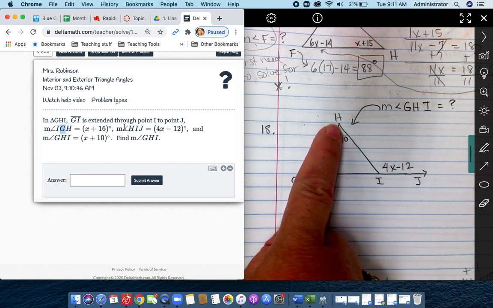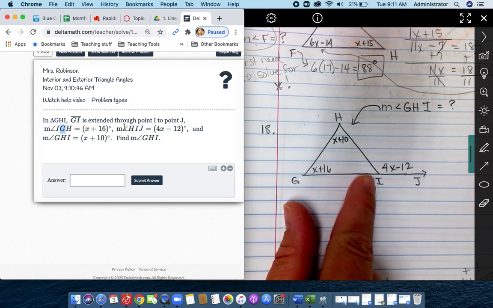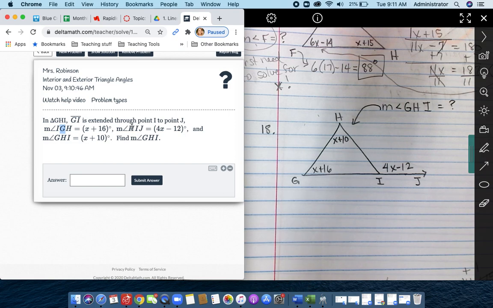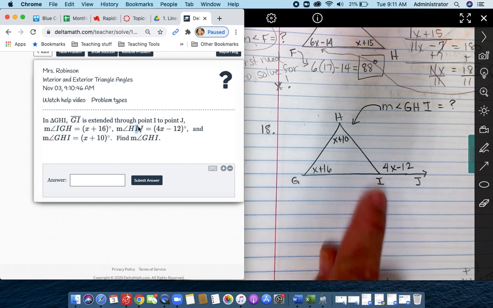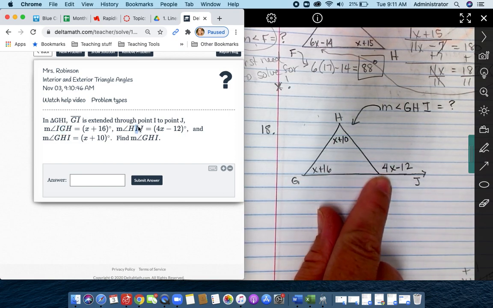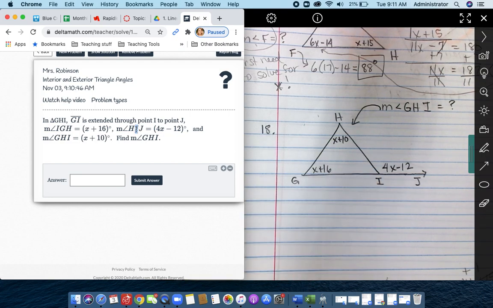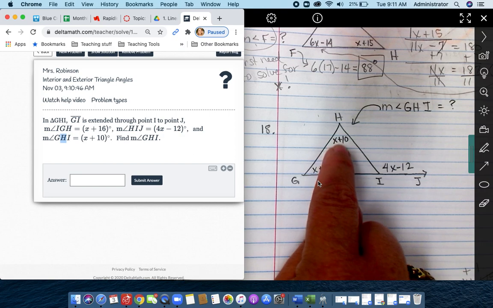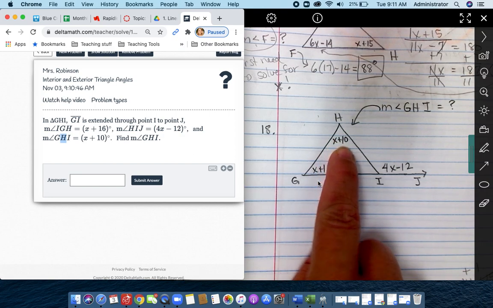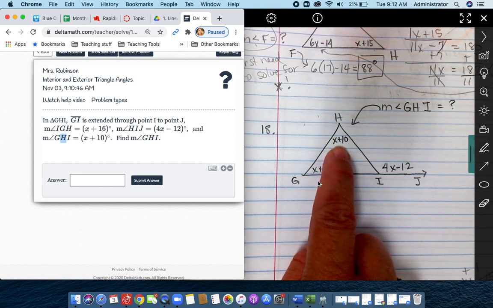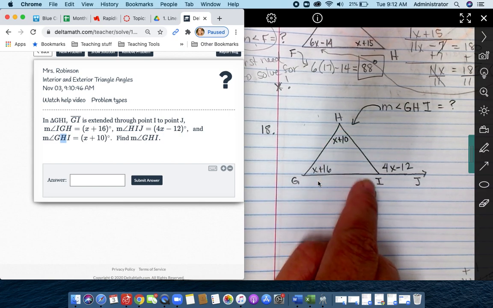Next it says measure HIJ, so that means angle I, but you got to go HIJ, is 4x minus 12. And GHI, H is our middle letter, is x plus 10. And they are asking us, what is the measure of GHI?